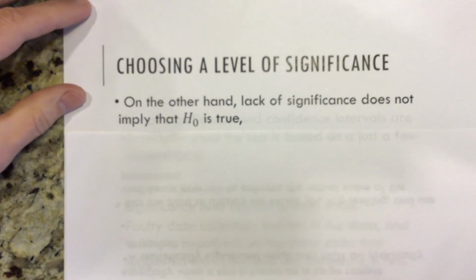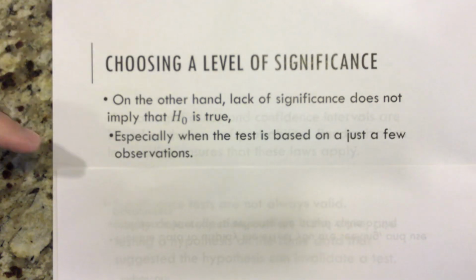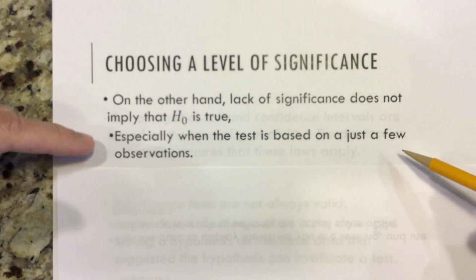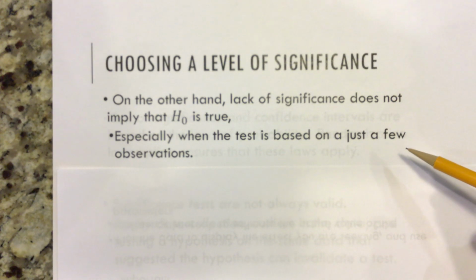Okay, now, of course, the other direction. What if I have a really small sample size, right? A really small sample size is hard to trigger your test, right? So be careful when I have a small sample size. I might have quite a large practical difference between the null hypothesis and my sample mean, but it doesn't trigger the test.